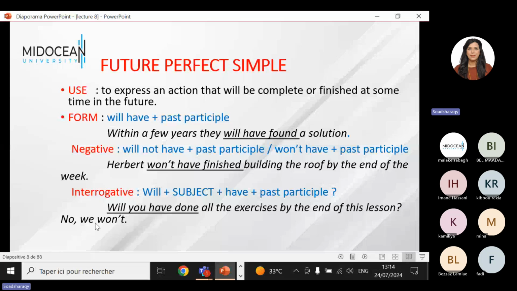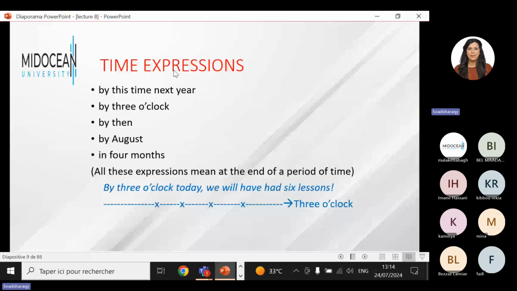Now, time expressions that indicate this tense are by this time next year, by 3 o'clock, by then, by August or by September, by June, okay? In 4 months, you can say in 5 months, 2 months, okay? All these expressions mean at the end of a period of time, okay?